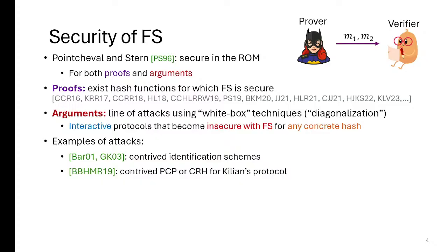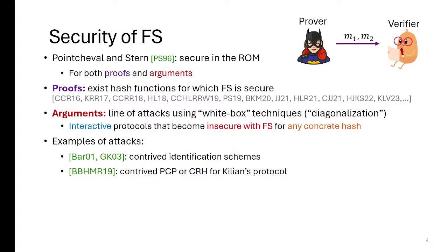This other work by Barta, Bronfman, Holmgren, Ma, and Rothblum was looking specifically at the Kilian-Micali style proofs, which were talked about extensively, I think, on Monday. They showed two sorts of attacks. One is a PCP, where if you apply this PCP to the Kilian transformation or Kilian-Micali transformation, it becomes insecure once you do Fiat-Shamir.